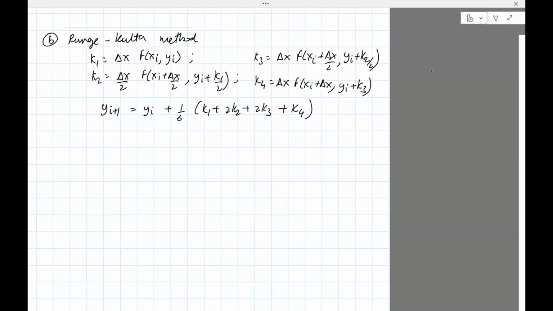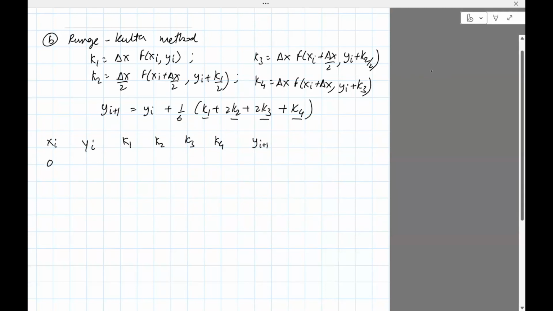Nothing is new. So what you'll do is a very similar process, xi, yi. Now what we need is k1, k2, k3, k4, right? So you just write k1, k2, k3, k4, and then you can compute y i plus 1 using this formula, or if you wanted, you could also have a column for this sum. That's up to you.